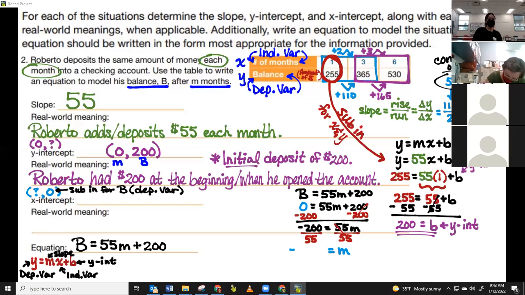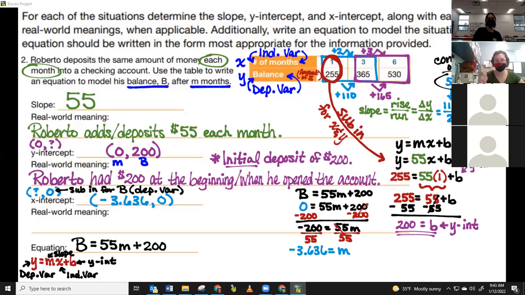There we go. Negative 3.636. And it keeps on going after that, but we can round it out. That's okay. So negative 3.636 and then 0.